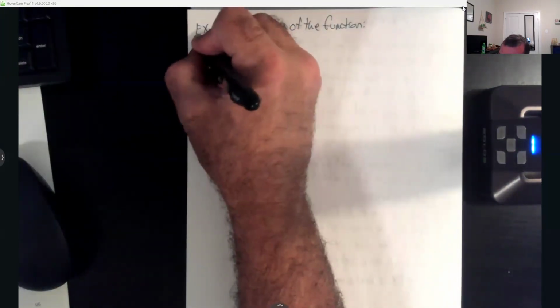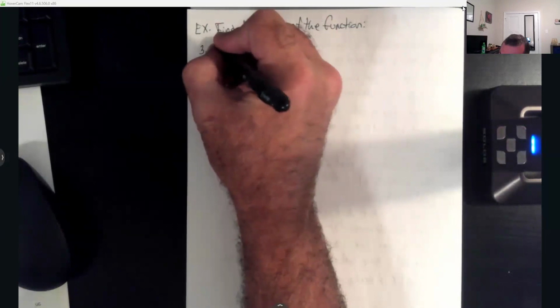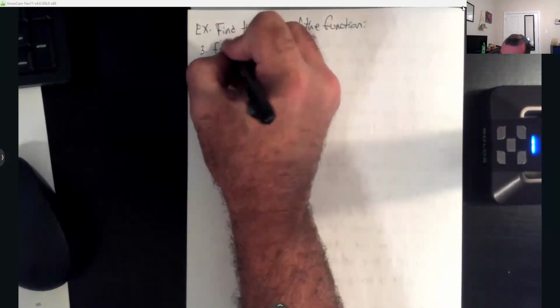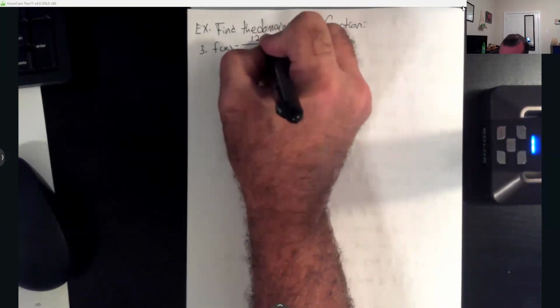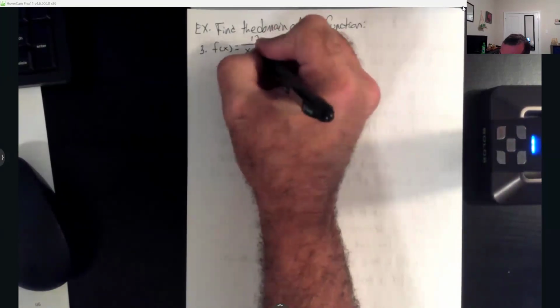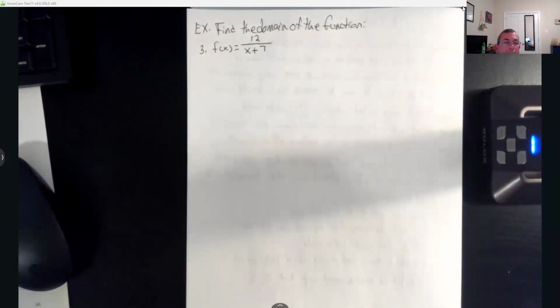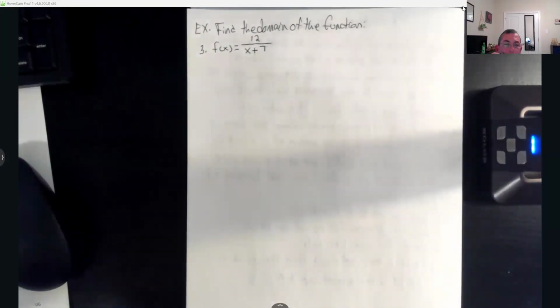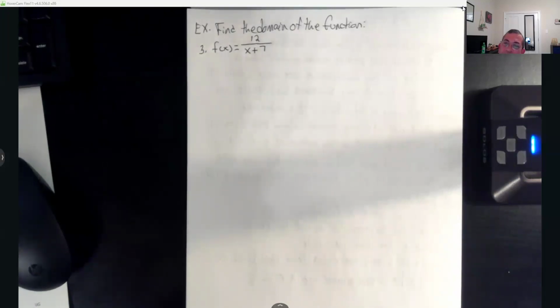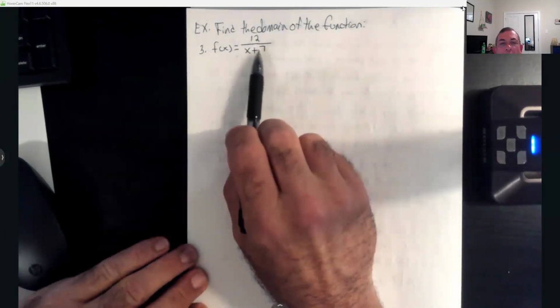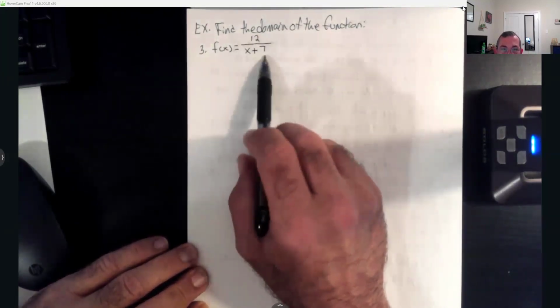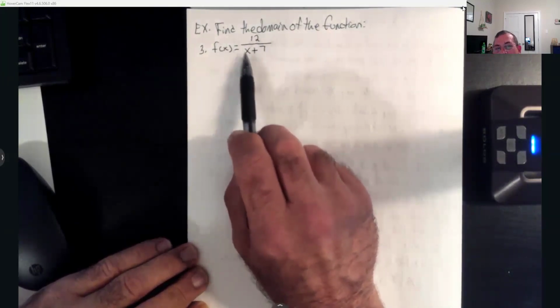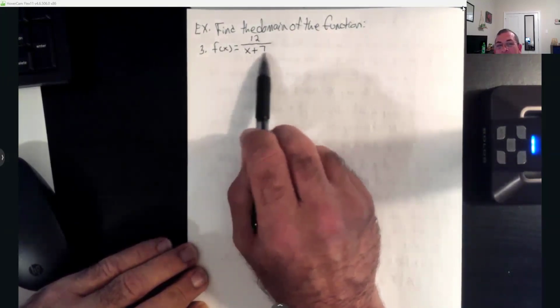So for this problem, they start about number 3 doing this. On this one, I got f of x equals 12 over x plus 7. And also, guess what? When we was talking about the domain of a function, we said the only thing we were worried about were fractions. Well, guess what? I got a fraction here. So it's possible there's a number we could put in for that x that might make this equal 0 down here.